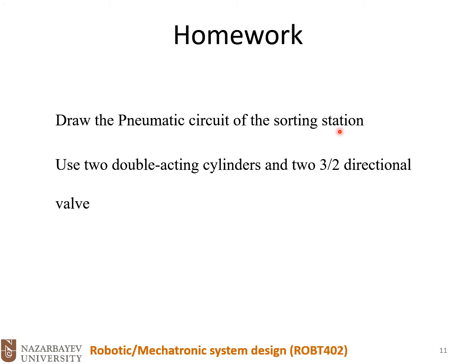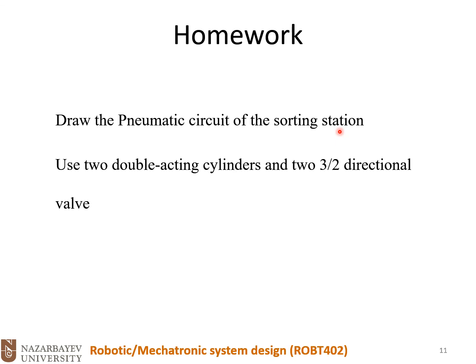So I strongly recommend you to go back and watch the sorting station video that you have on Moodle, or review those YouTube videos that I provided for, I guess, the second session, where I explained what the tasks of the sorting station are and what the sensors on that sorting station are, to better understand the functionality of the sorting station.